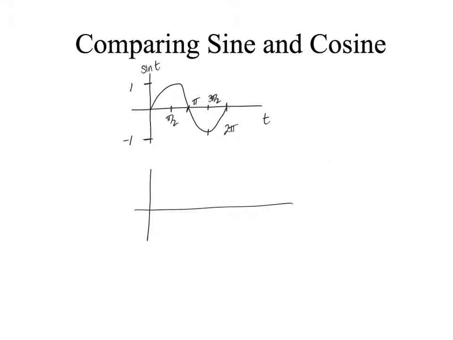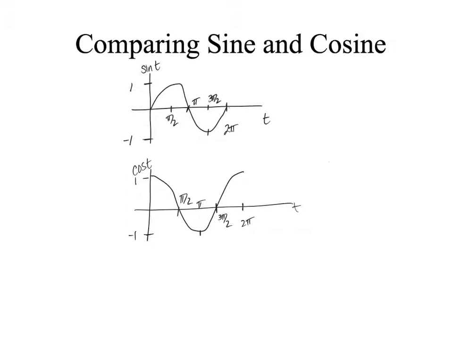Now for the cosine, cosine starts at plus 1 at t equals 0. And at pi over 2, it's at 0, and it goes to minus 1 at pi, and 3 pi over 2 at 0, and then finally at 2 pi it goes back to 1.